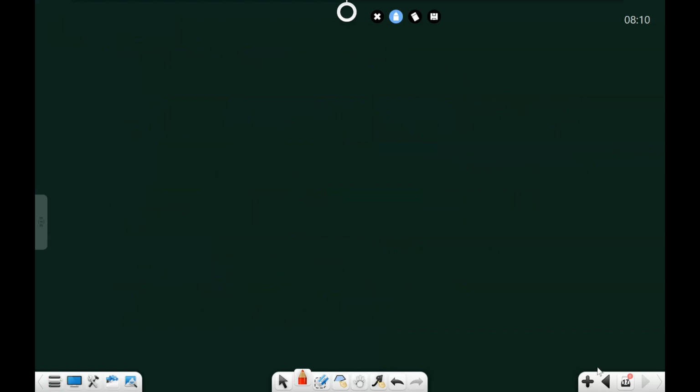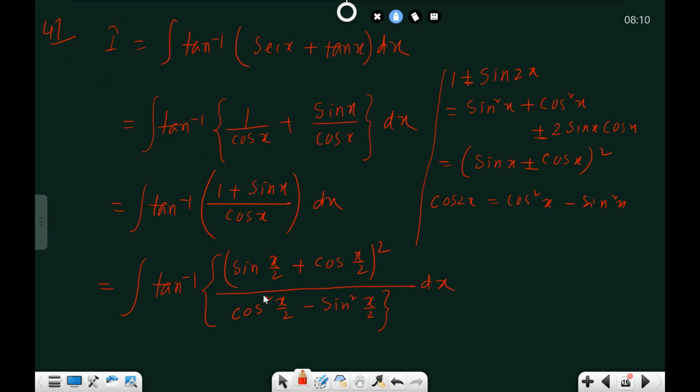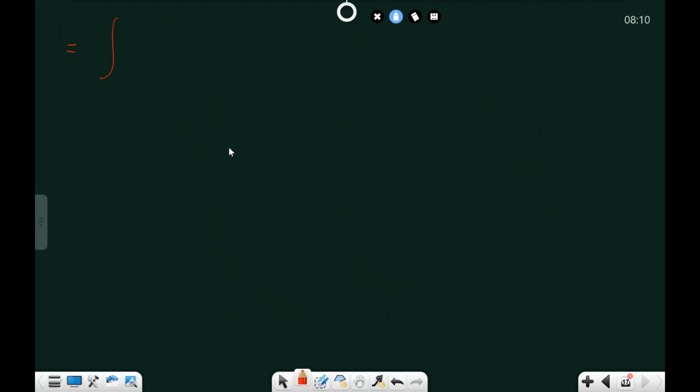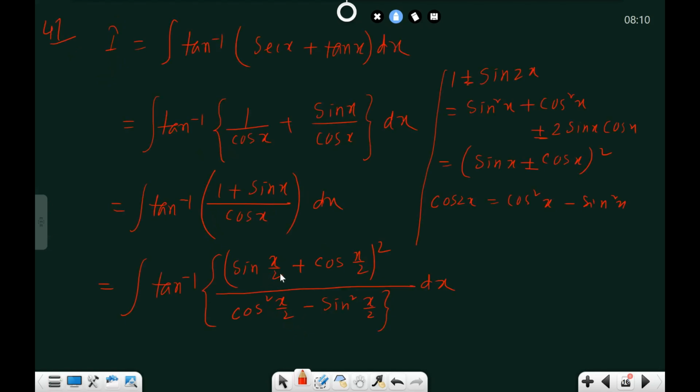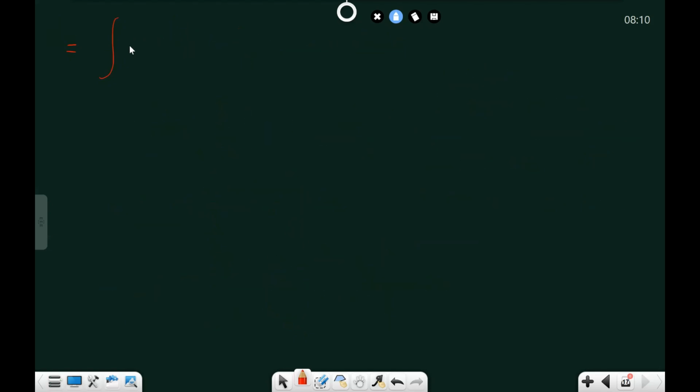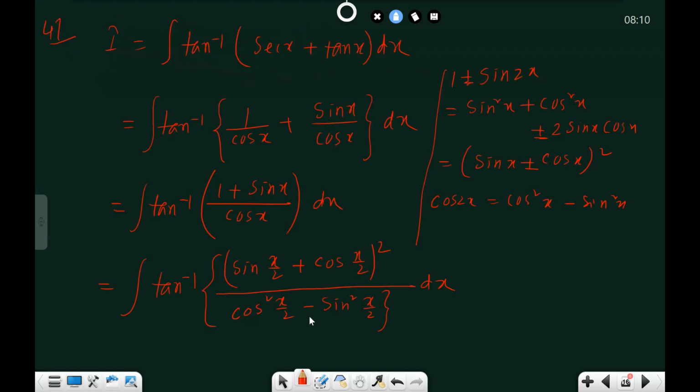the next line, is equal to integration of. You see, the denominator is of the form a square minus b square. So I can write in the numerator, you see the numerator, sin x by 2 plus cos x by 2 whole square. So I write tan inverse of this, sin x by 2 plus cos x by 2 whole square, and the denominator, you see this denominator, it is a square minus b square form.